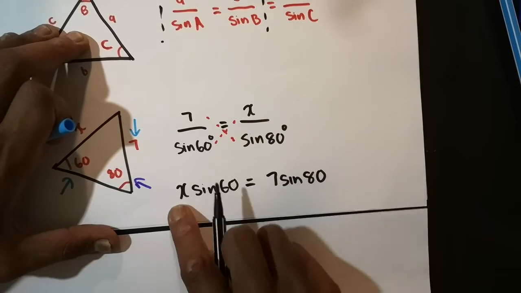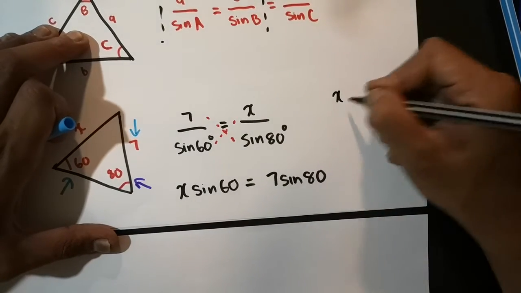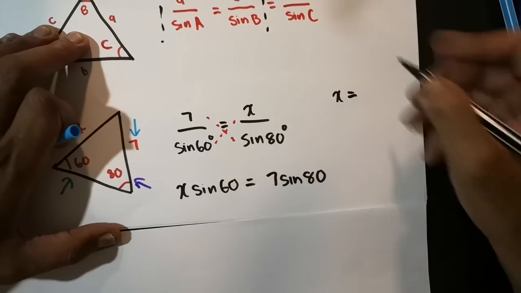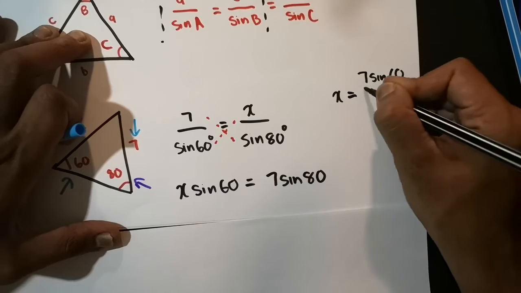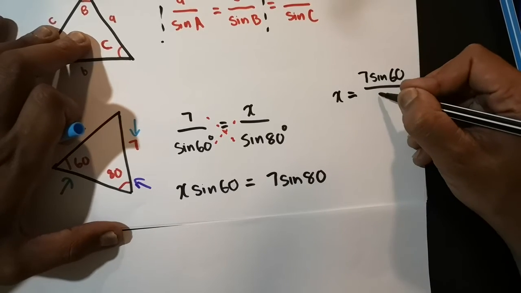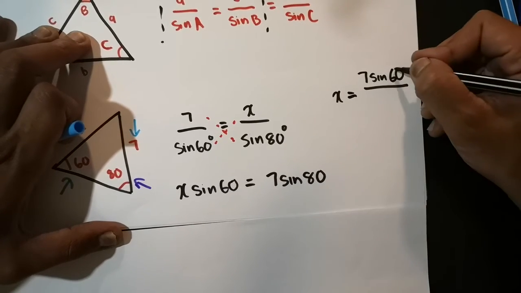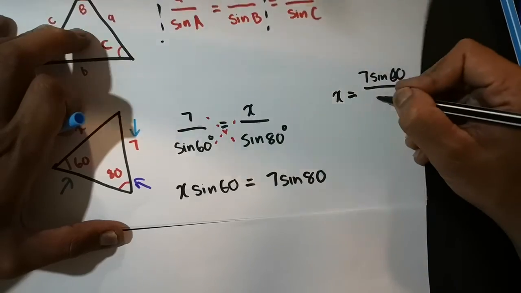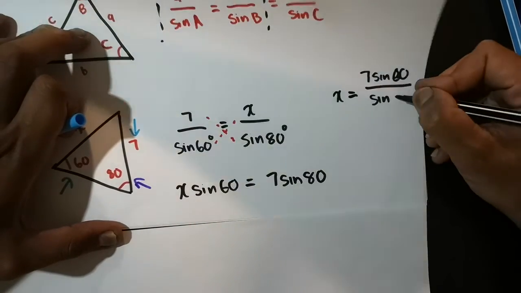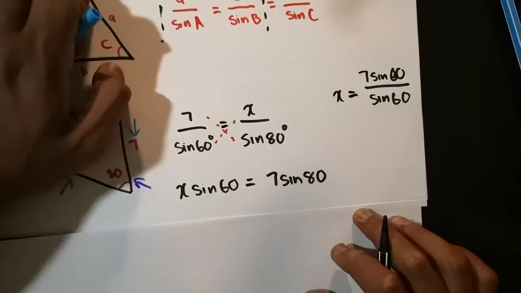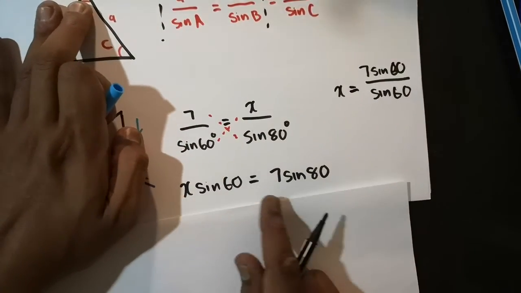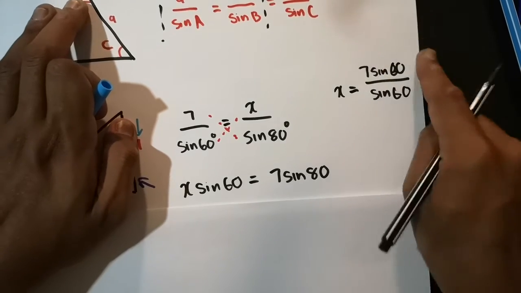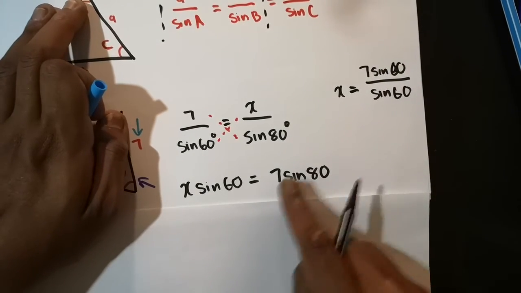So what is x? x is equal to 7 sine 80 over sine 60. Then I divide, I will get 7 sine 80 divided by sine 60.